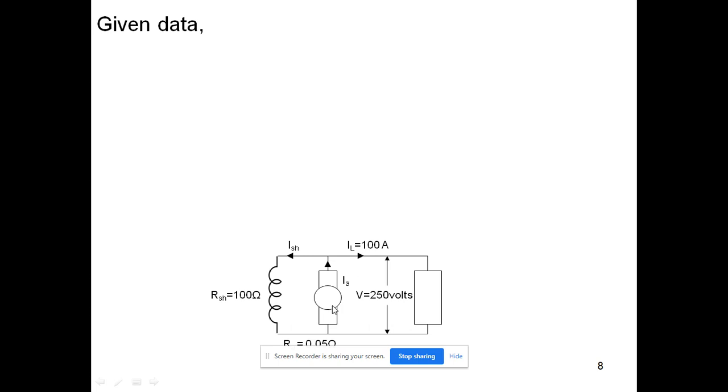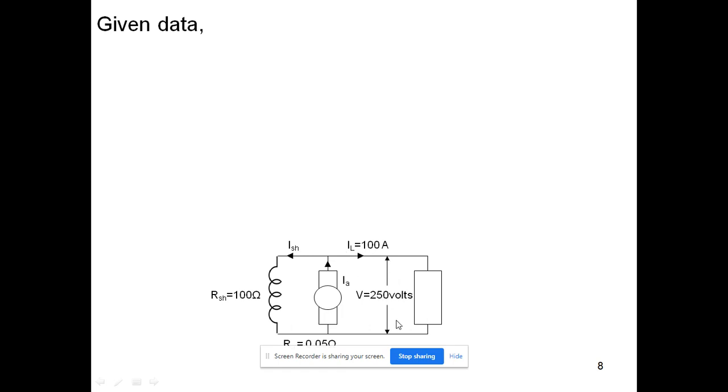Given that the load current is 100 amperes and the voltage across the load is 250 volts. This voltage will be the same across each of the components, since this is the parallel connection and there is no series resistance.